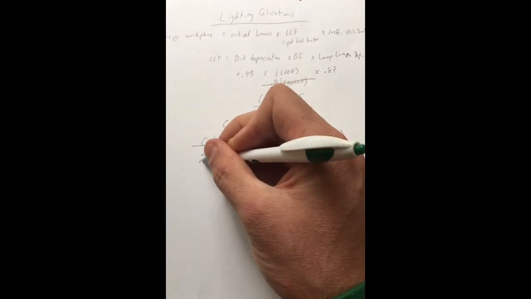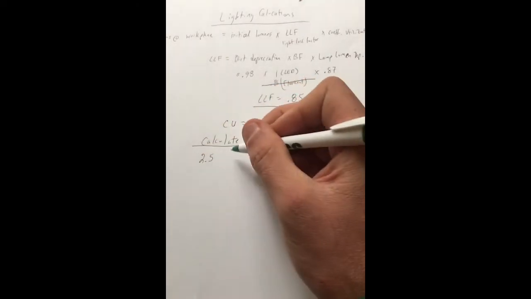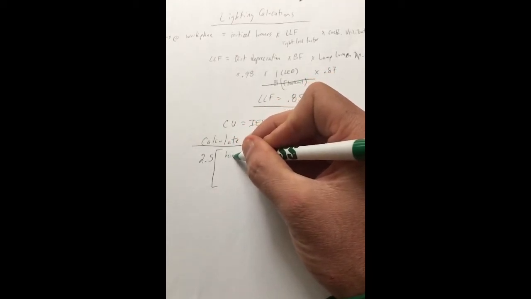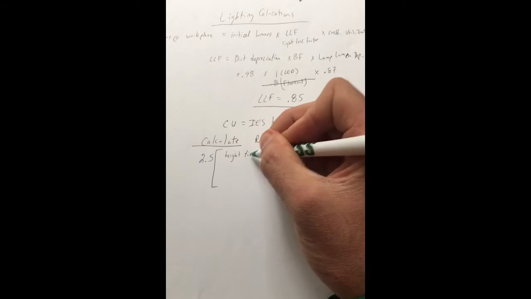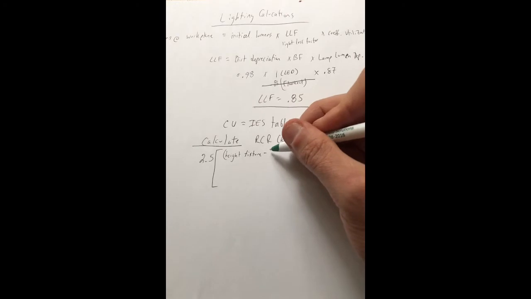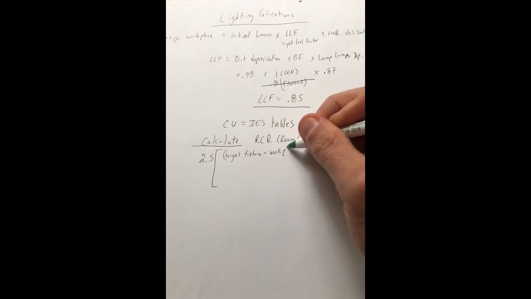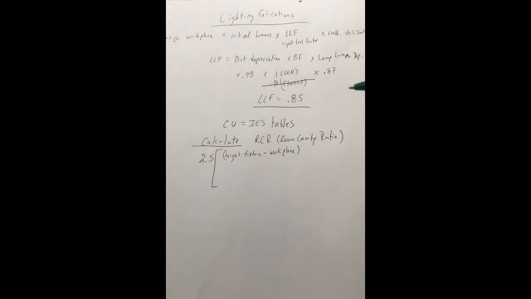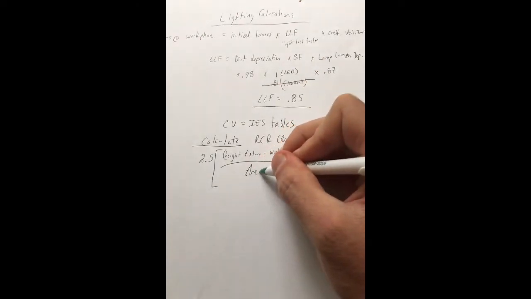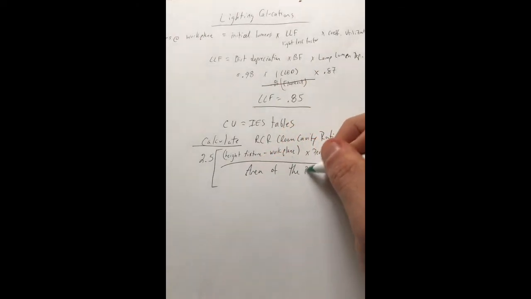It's going to be 2.5, which is a constant, times the height of the fixture minus the workplane height. And we'll go through an example here at the end. And then times the perimeter of the room, and you're going to divide that by the area of the room.